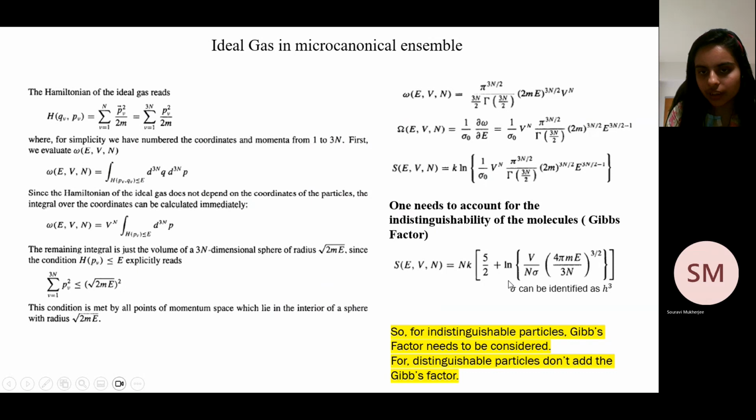And then the expression for entropy becomes this as given here, right? So this was this Gibbs factor that we had spoken about, the 1 by n factorial term. So for indistinguishable particles, the Gibbs factor has to be considered, while for distinguishable particles, we don't add the Gibbs factor. So this was your expression for entropy when you considered an ideal gas in the microcanonical ensemble.